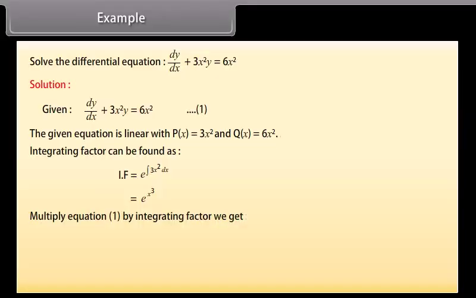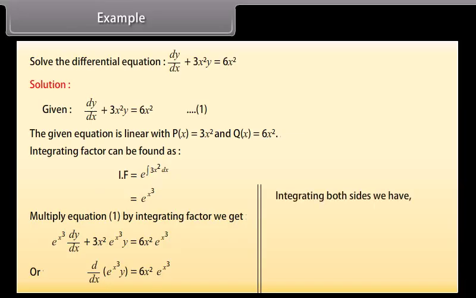Multiply equation 1 by integrating factor, we get e^(x³) dy/dx + 3x² e^(x³) y = 6x² e^(x³), or d/dx of (e^(x³) y) = 6x² e^(x³).